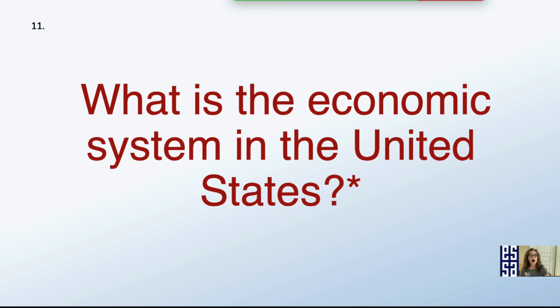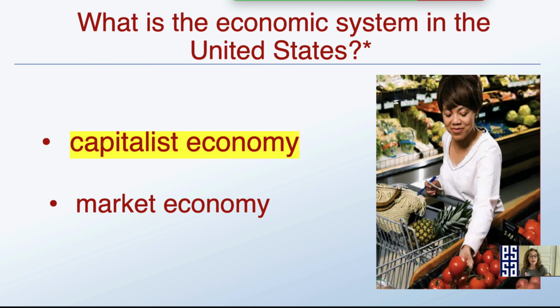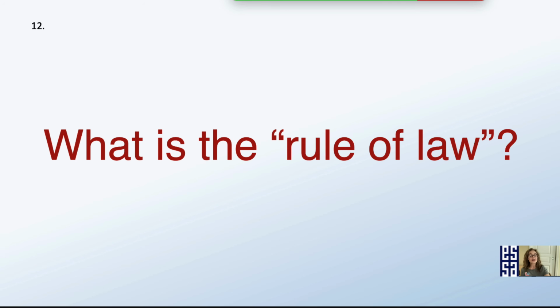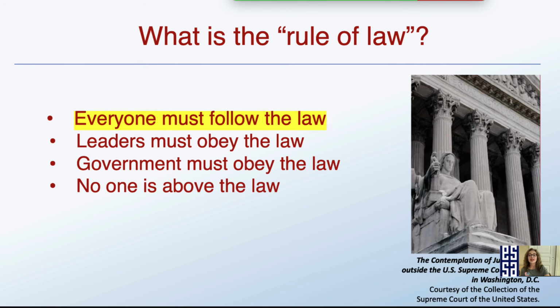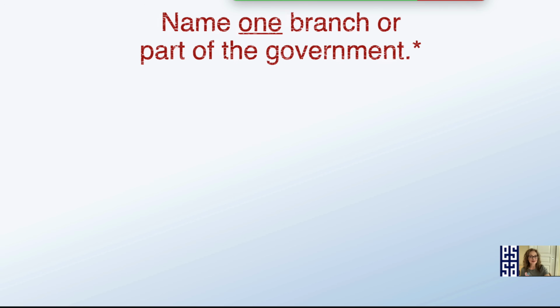What is the economic system in the United States? A capitalist economy. What is the rule of law? Everyone must follow the law. Name one branch or part of the government.